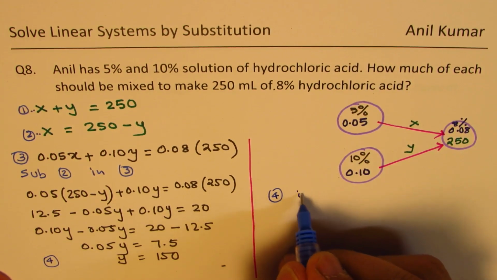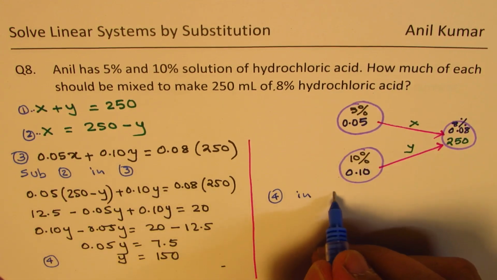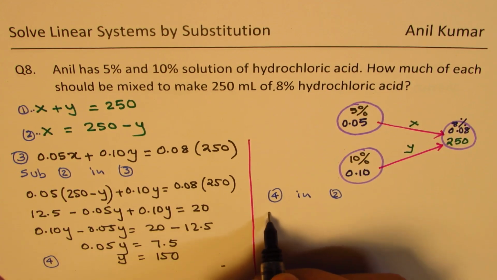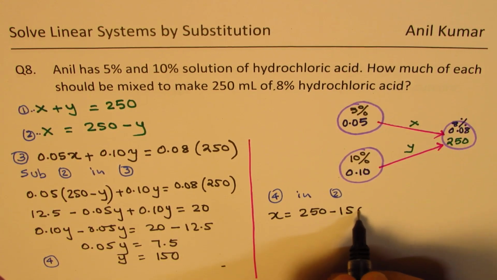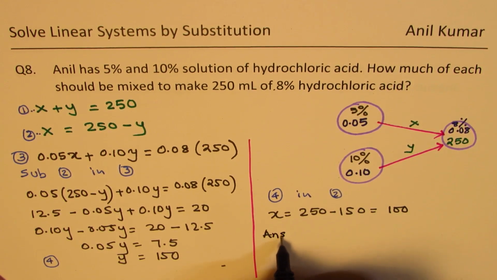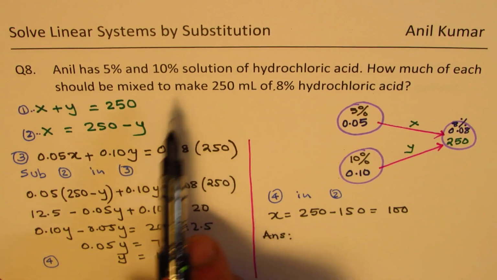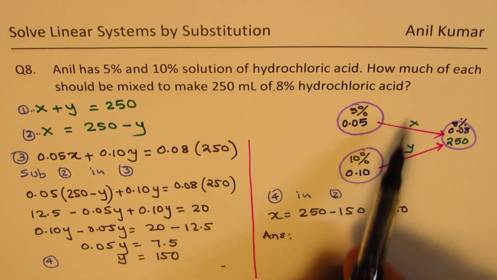Substituting 4 in 2, we can get the value of x, right? So x is equal to 250 minus 150, which gives you 100. So we can now write the answer. We want to find how much should be mixed, right? So x for us is 100 and x is 5%, right?